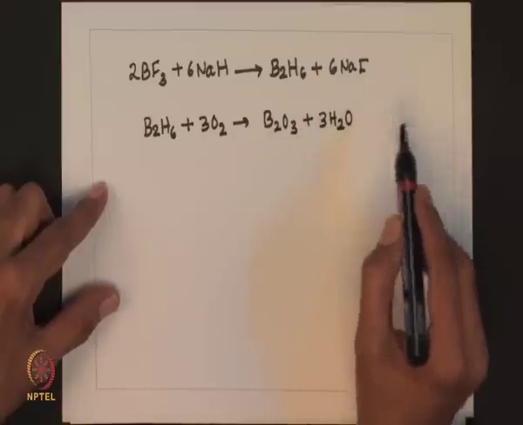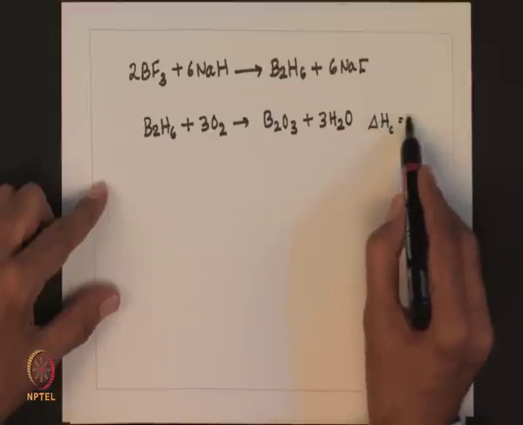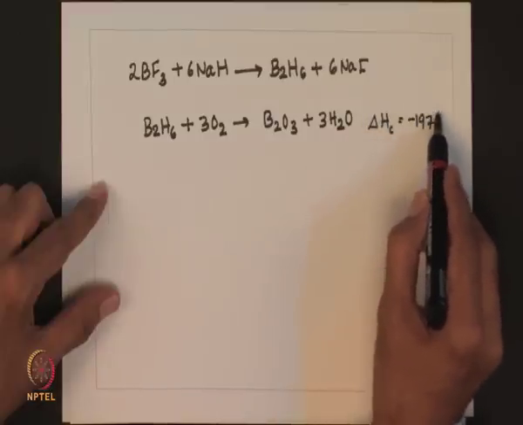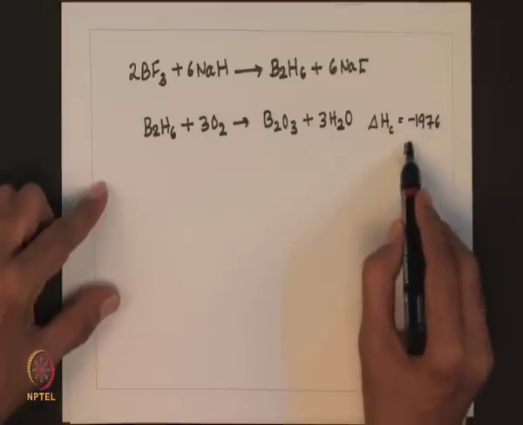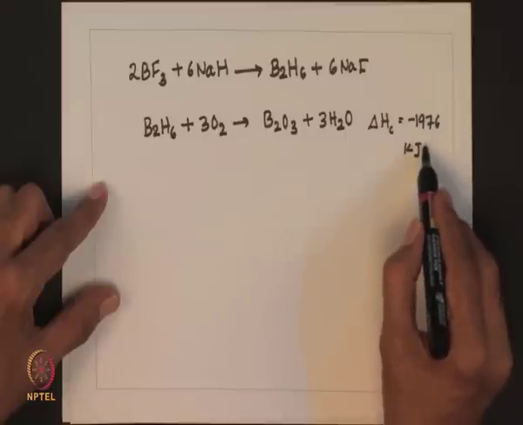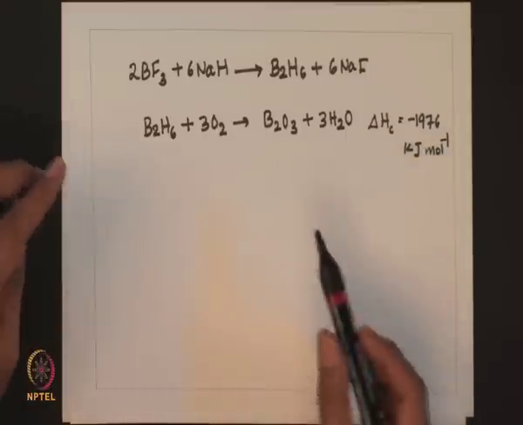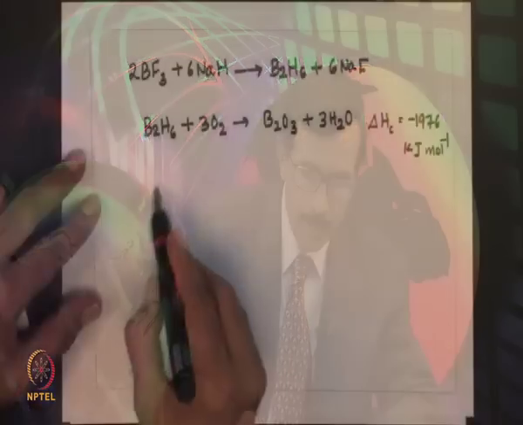Along with enormous energy, you can see here delta Hc value is minus 1976 kilojoules per mole. So, this explains the exothermic nature of this reaction. And of course, on exposure to moisture, B2H6 undergoes hydrolysis to form boric acid.